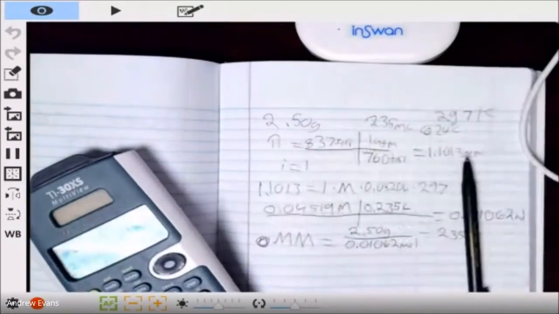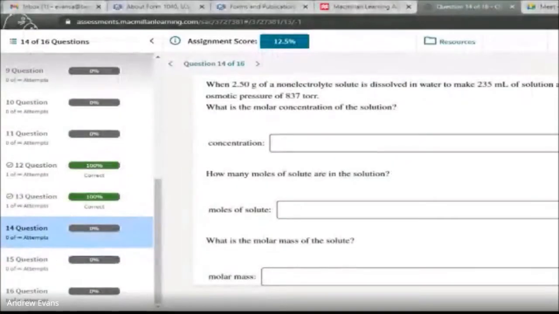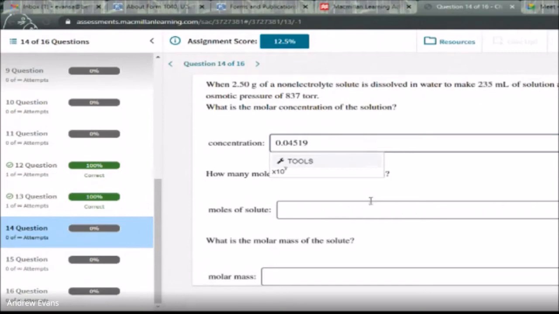So let's try that in the context of this. Our molarity, we said, was 0.04519. Moles then become 0.01062, and our molar mass was 235.4.